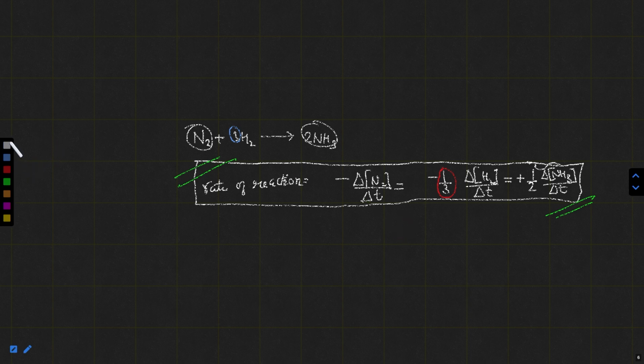Now, if I want to make a further statement on this, suppose you have to find the rate of disappearance of H2, delta H2 by delta T, and you are given the rate of appearance of NH3, delta NH3 by delta T. So we have to find the rate of disappearance of this hydrogen gas, and you are given that the rate of appearance of NH3 is, suppose, 8 mole per liter per second.